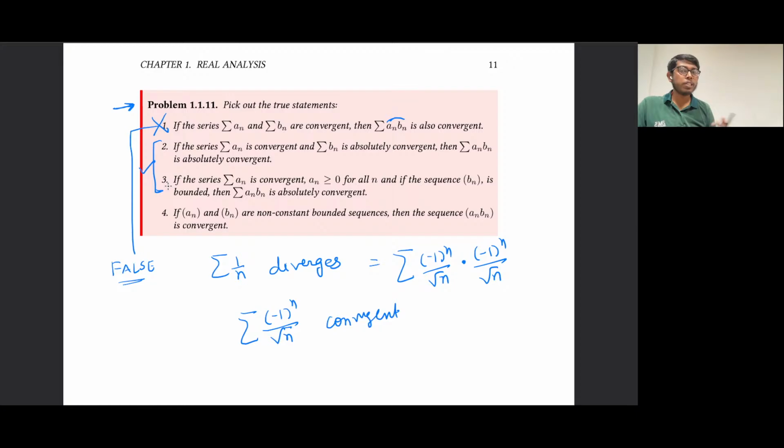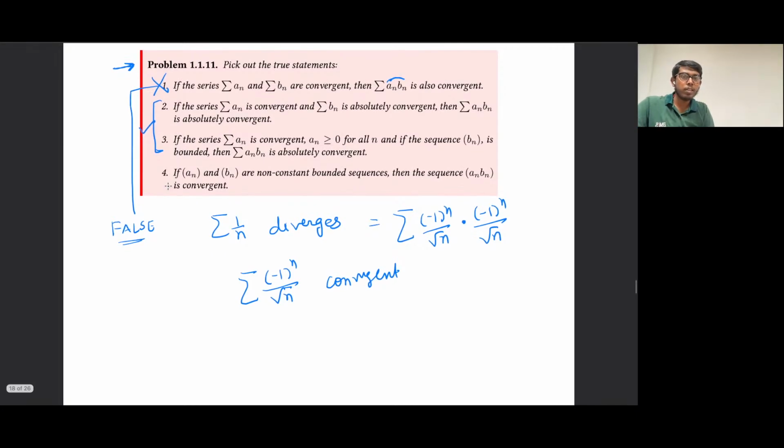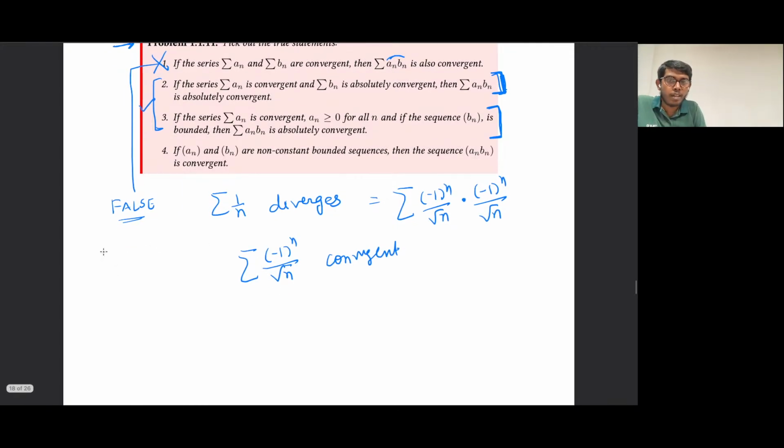And the third is if the series an is convergent and bn is a bounded sequence, then series an bn is convergent. Basically, if the third is true, then that also implies that the second is true. So let's prove the third one.